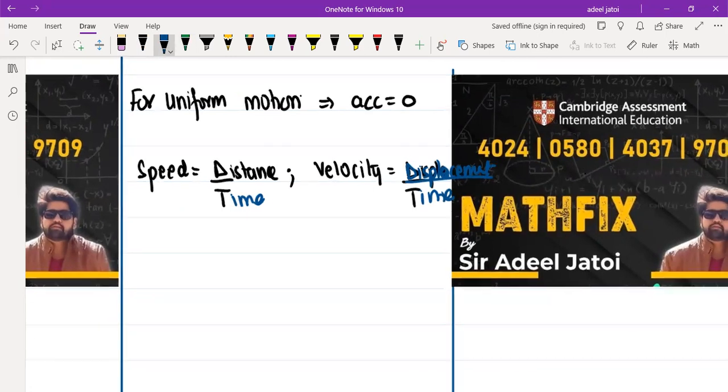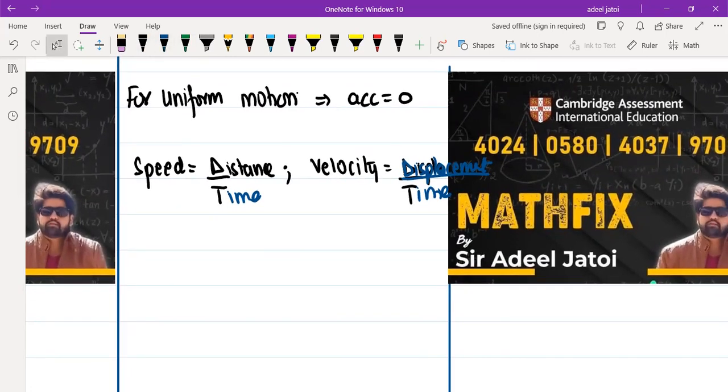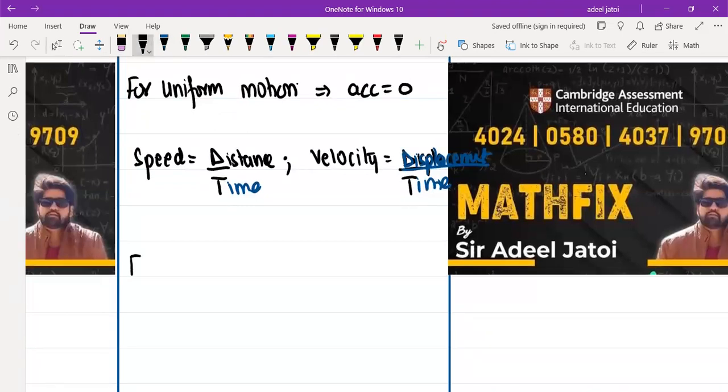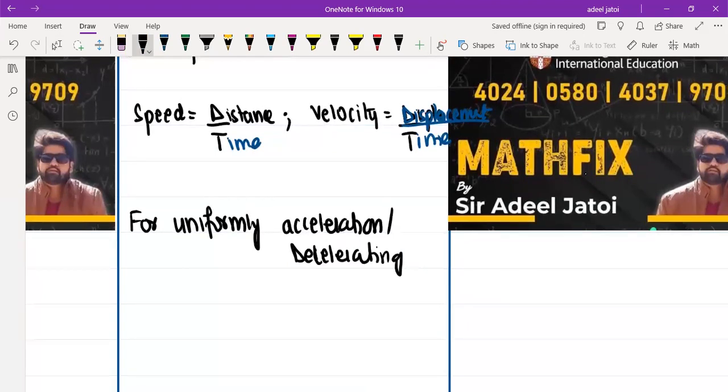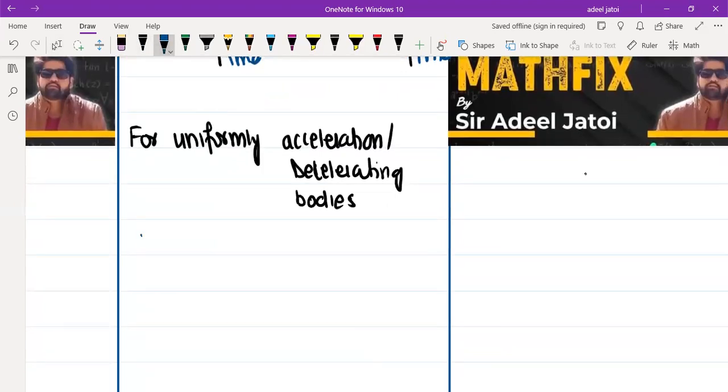Moving further, for uniform acceleration or deceleration, accelerating or decelerating bodies, we are going to use v is equal to u plus at, s is equal to ut plus half at square, and v square minus u square is equal to 2as.